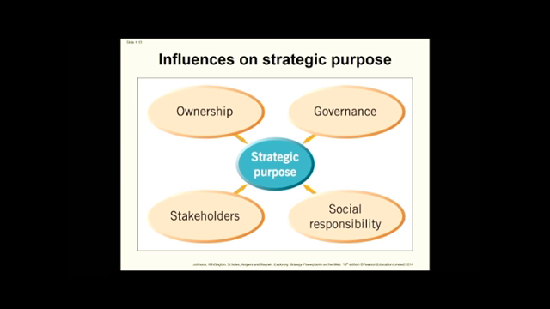And that group of people, who usually are not full-time employees of the organisation, then employs somebody as a chief executive officer, and then the chief executive officer employs other people, and there can be quite complex governance structures. So the governance structure affects strategic purpose.